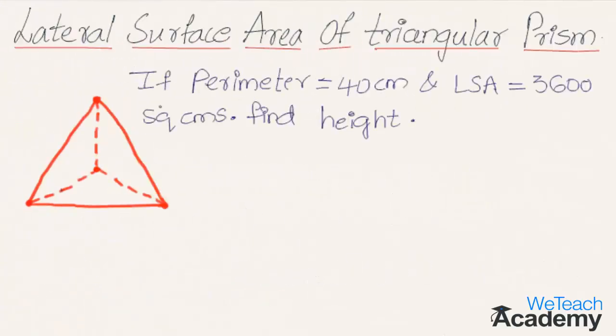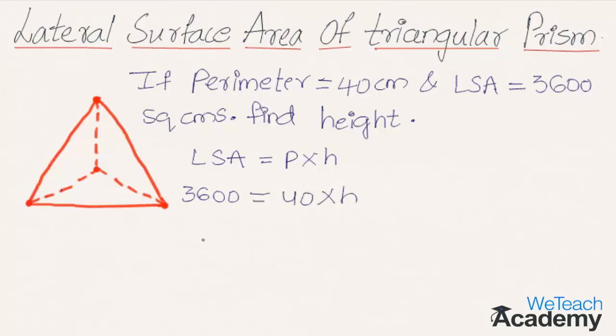The given example is: if the perimeter of the triangular prism is equal to 40 centimeters and the lateral surface area is equal to 3600 square centimeters, then find the height. We already know that lateral surface area is given by the formula perimeter into height. Substituting the values of perimeter and lateral surface area in the formula we get 3600 equal to the perimeter 40 into the height h.